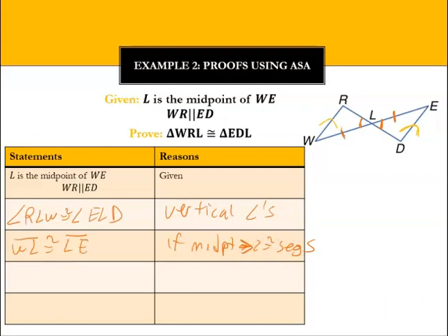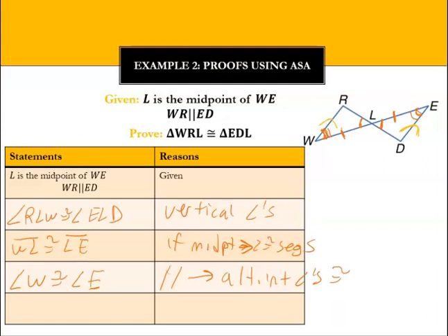Now I know where the side is, so I have to get the angle on the other end of that side. Actually, I should mark that different than the first angle we used. So we have the next thing, which would be angle W is congruent to angle E. And that would be if parallel lines, then alternate interior angles congruent.